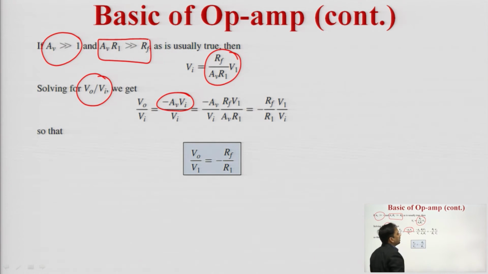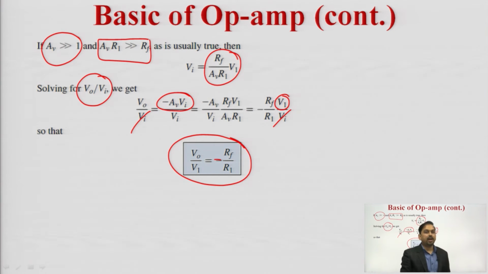So, we are going to replace here, and we can say that V0 by V1, if we take this V1 in the denominator and this Vi will be cancelled out, so we will have V0 by V1 equals minus Rf by R1, means the gain is negative.